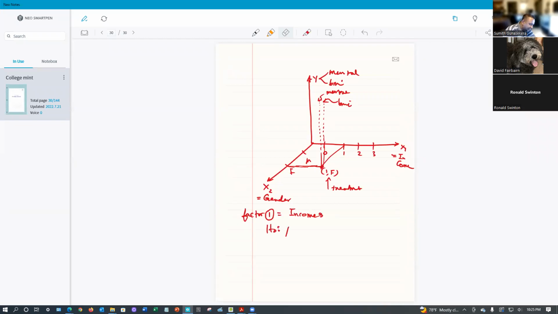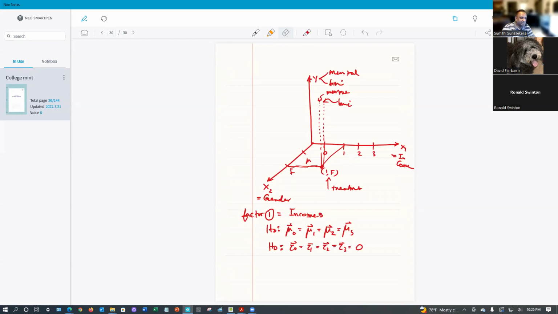H0: mu vector in group 0, mu vector in first group, mu vector in second group, and mu vector in third group. Or you can write it in plain English, or with the vector, or this way: tau 0, tau 1, tau 2, tau 3. Those are the effects now.